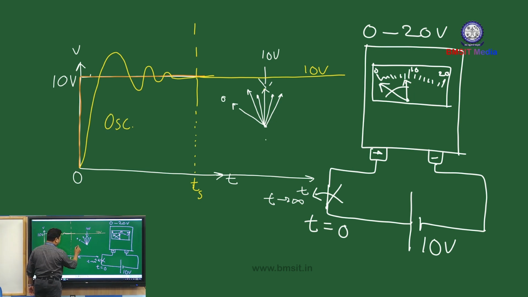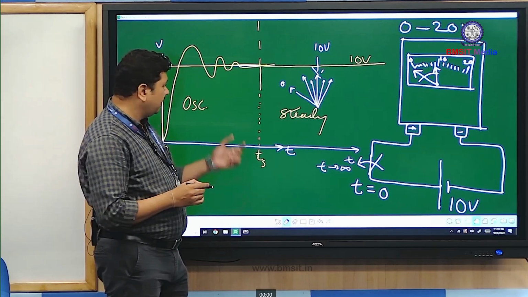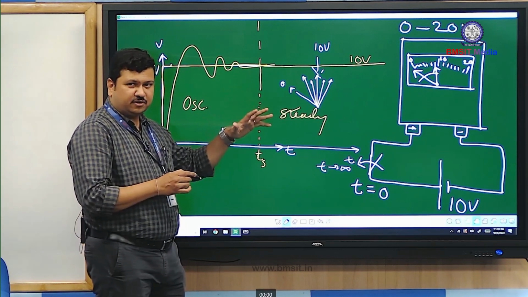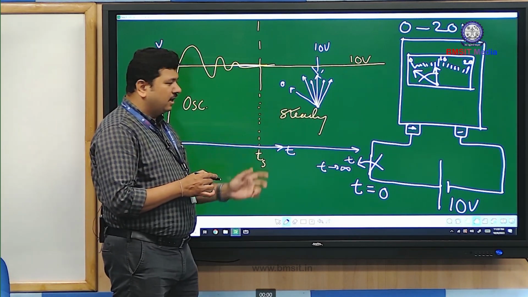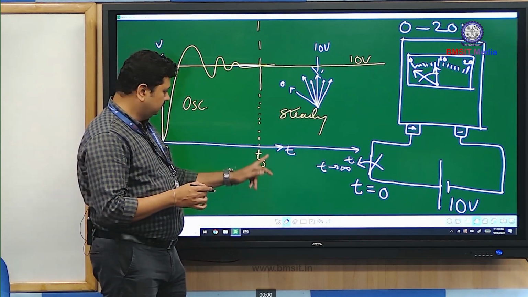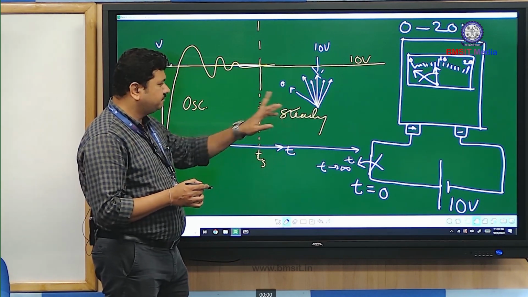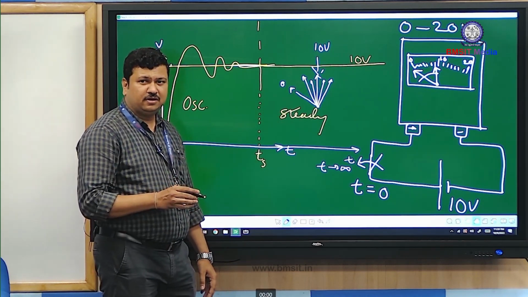In the other part, the value is steady. From 0 to settling time Ts, there are some oscillations, though they are damped oscillations. And in the other part, after t equal to Ts, there is a steady value.